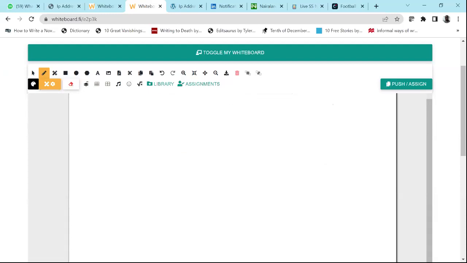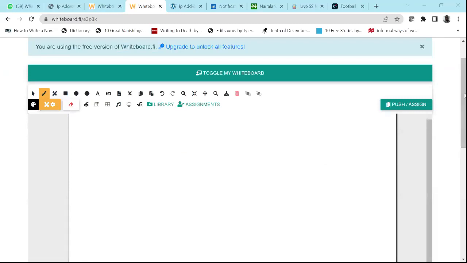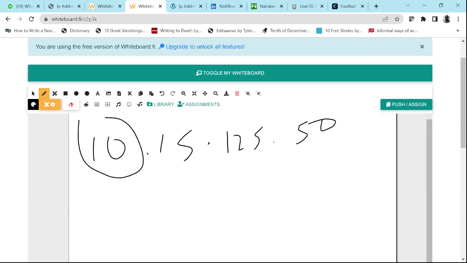For instance, when we wrote 10.15.123.50 and said this was a class A, that means the network this IP address belongs to is the 10.0.0.0 network.